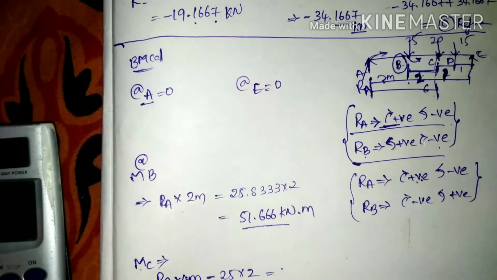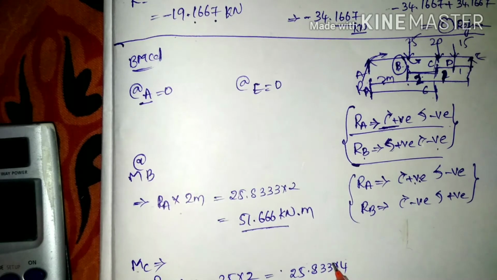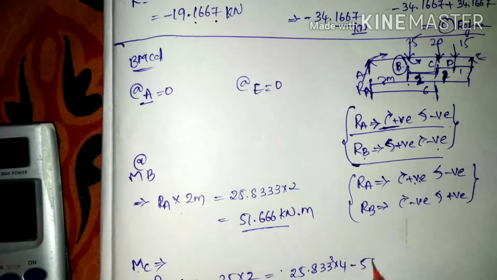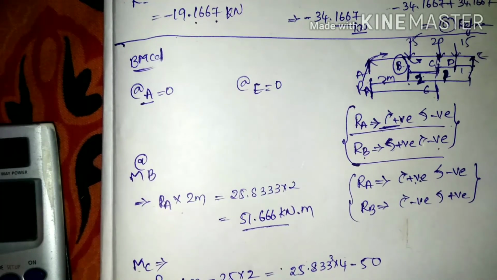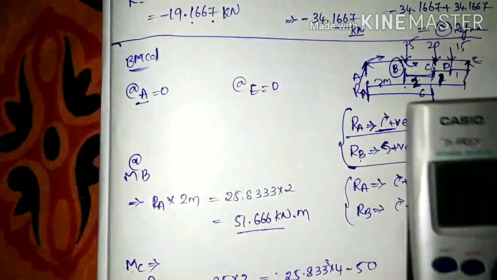Let us see the values. 25.833 into 4 minus 25 into 2, that is 50. And from RB, 34.1667 into 2 minus 15 into 1. The value is the same for both.